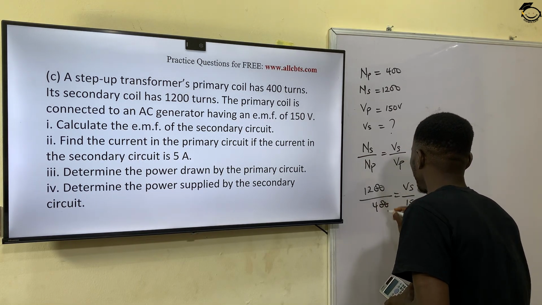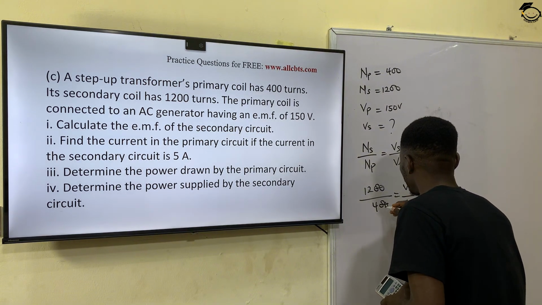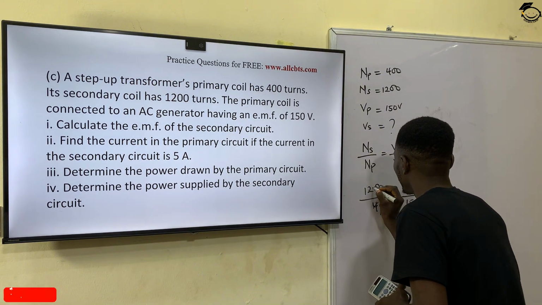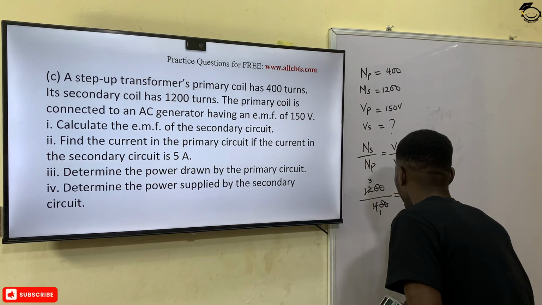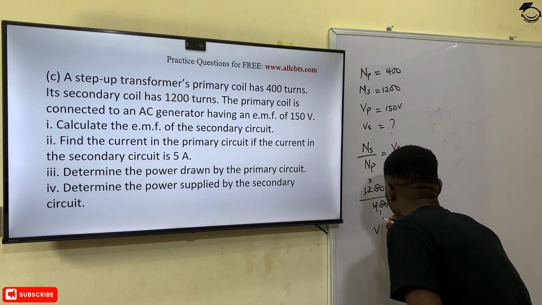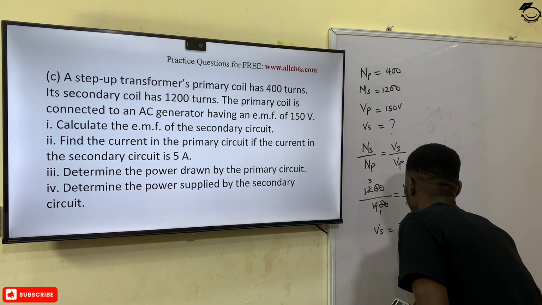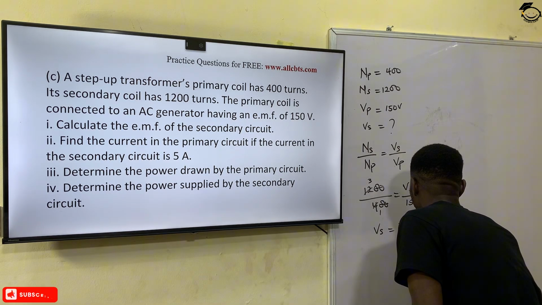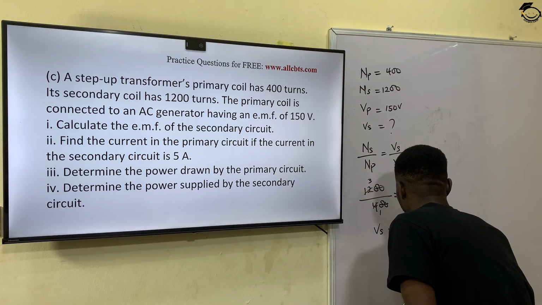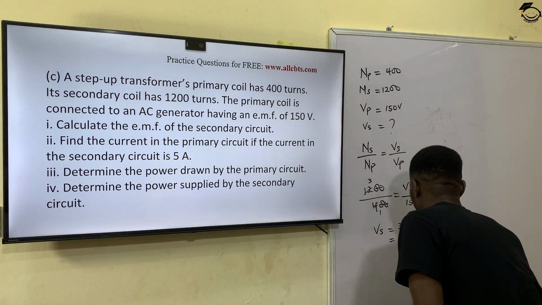The two zeros cancel out, and 4 into 12 gives me 3. So if I cross multiply, my Vs is equal to 3 times 150, and that will give me 450 volts.